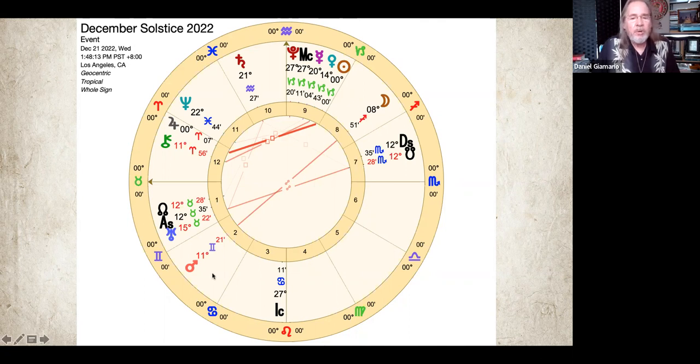And then we also notice that at the point of the solstice, an alignment that we've been talking about all year shows up, which is the North Node with the nodal axis with Uranus, which has been a theme all along. All right, so let's look at the new moon now.